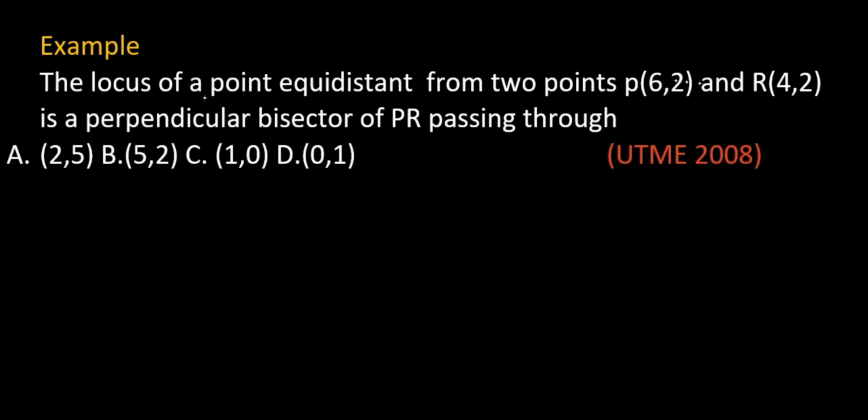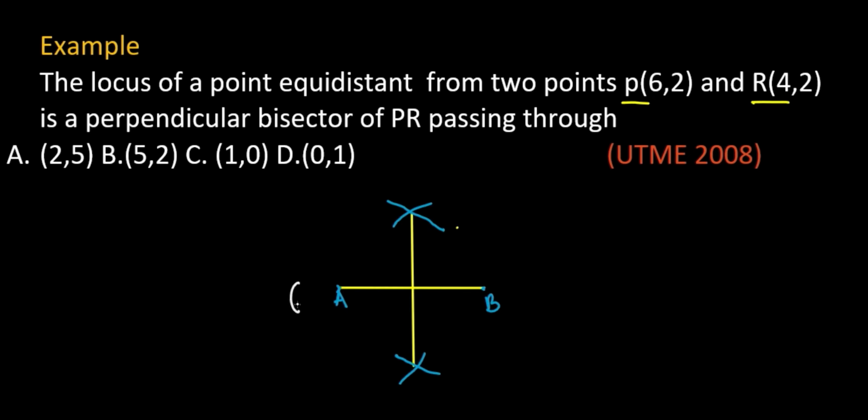Okay, let's look at another example. The locus of a point equidistant from two fixed points P and R is, of course, a perpendicular bisector of PR passing through the midpoint. Or let's say AB is a line and A has coordinates (x1, y1), and B also has coordinates (x2, y2).